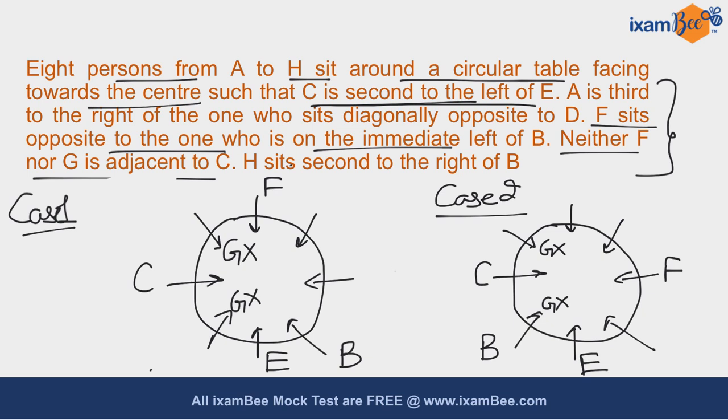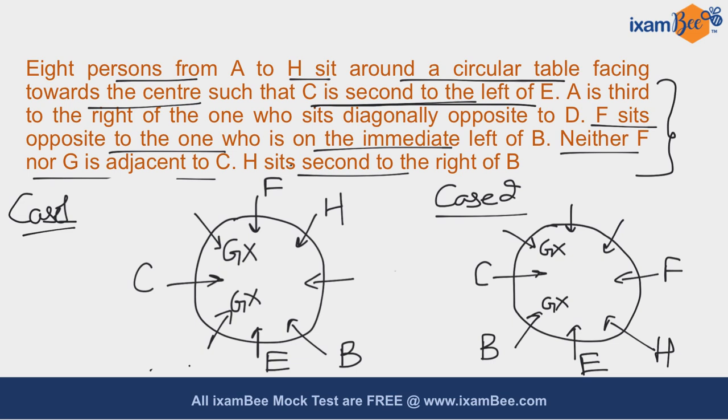Now it is given to you that H sits second to the right of B. So you can place H in case 1 over here and in case 2 you have to place H over here.